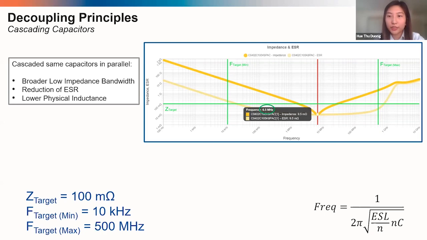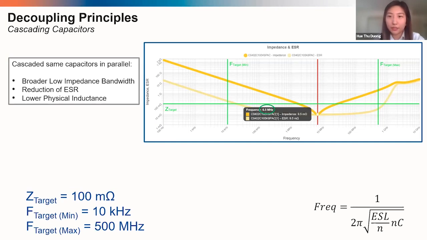Now we're starting off with just one 0402 1 microfarad ceramic capacitor, and we see that we have an SRF of 6.5 megahertz, but our impedance isn't quite what we wanted at our lower and upper bands.